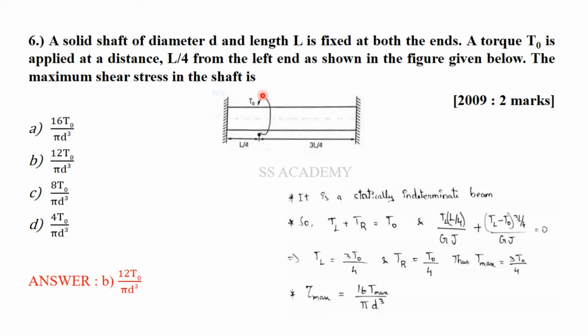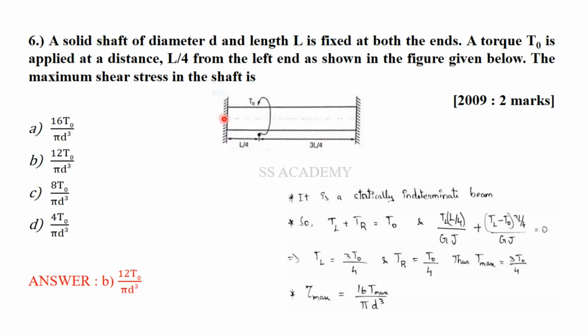We know that generally built-in beams are statically indeterminate. So we need to use the compatibility equations. So TL plus TR is equal to T naught is the static equilibrium equation, which is the only possible equation here.